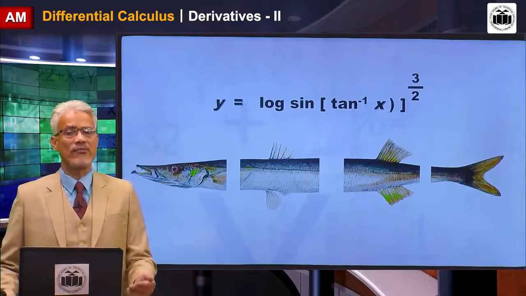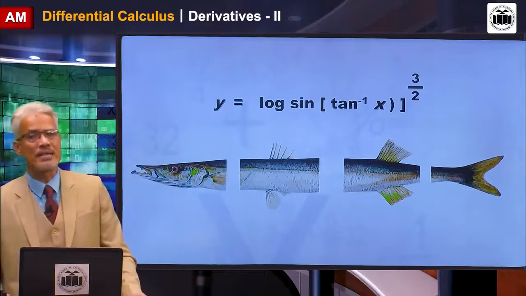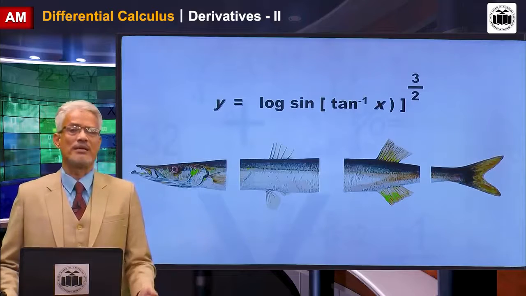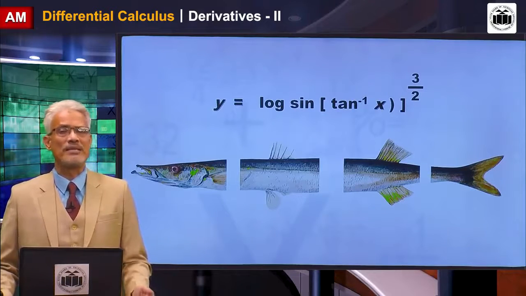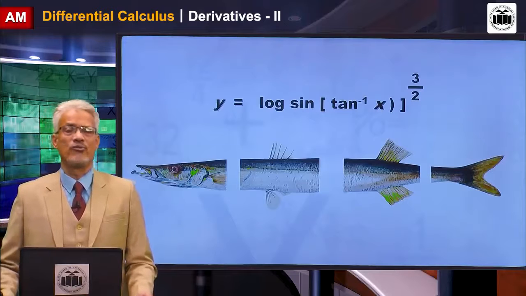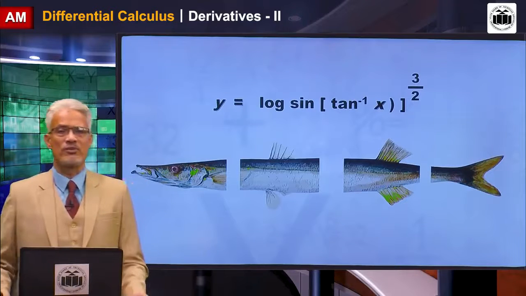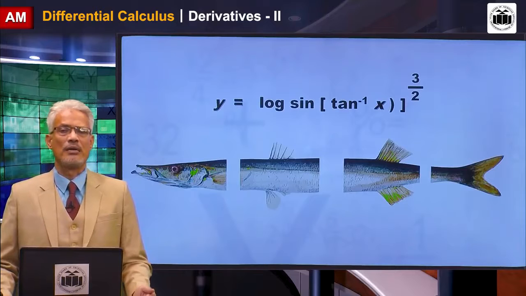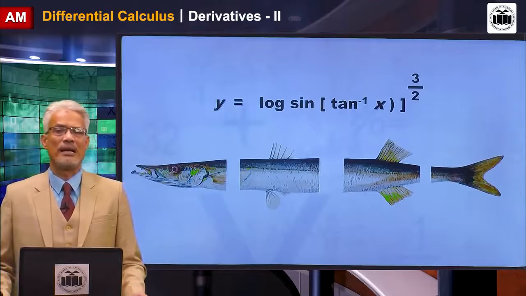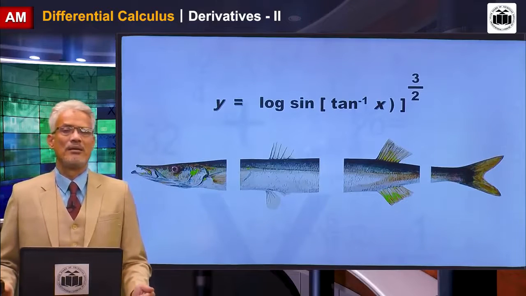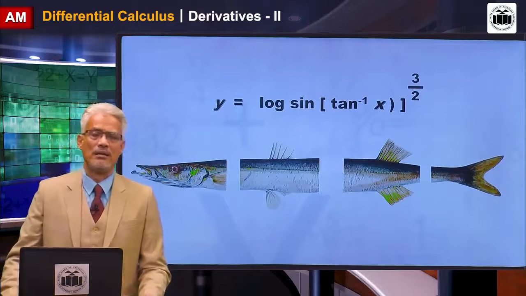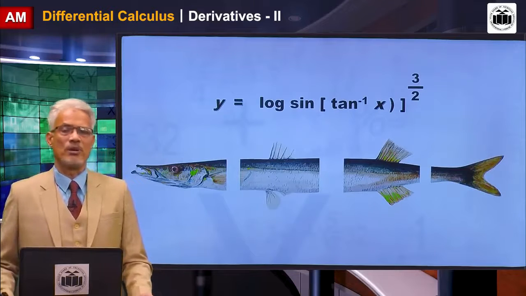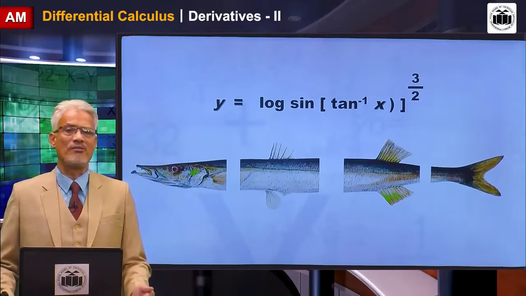Again, there is another function, the inverse function tan inverse x. That's why we have to take the derivative of tan inverse x, that is 1 upon 1 plus x square. Therefore, to find the derivative of a composite function, you have to start from the index and go gradually towards the last function. That is the best example for you to solve the problems of composite function, always keeping the fish in your mind.